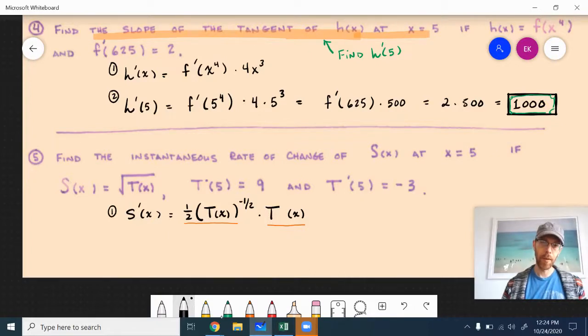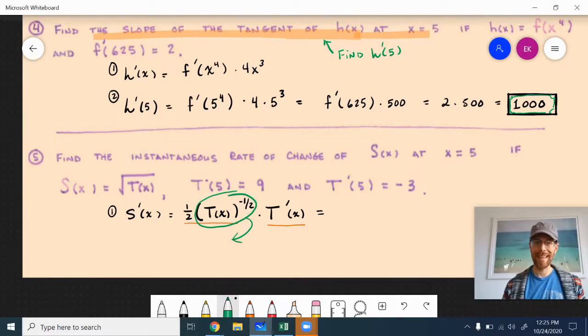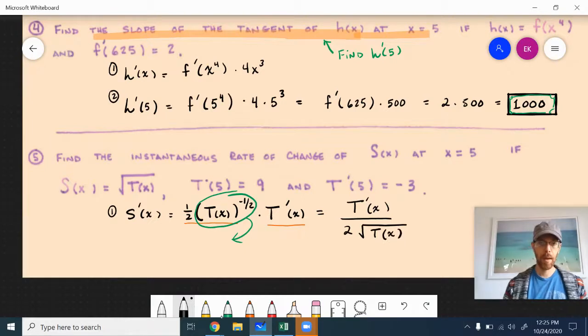Right here, we need the derivative of t. Now, I would encourage you to rewrite that this way. See the negative exponent? Let's roll that into the denominator, which means we would end up with an expression that looks like so. And now we can plug in 5.